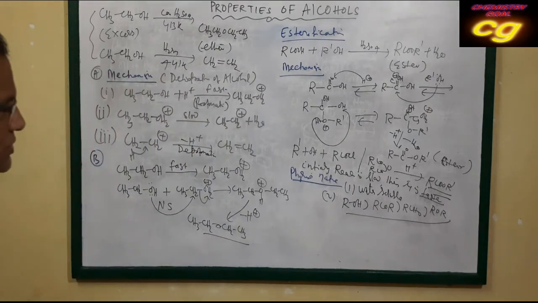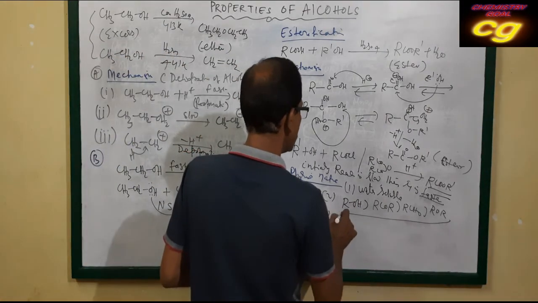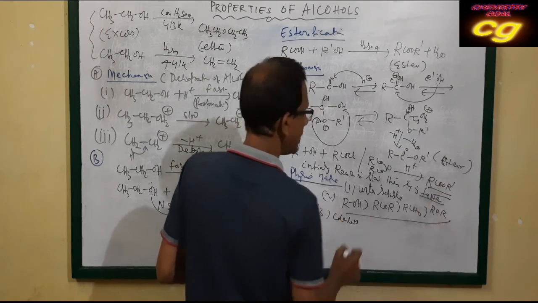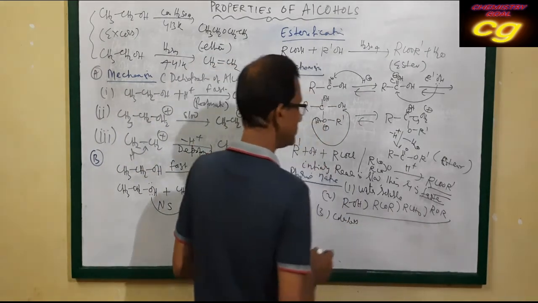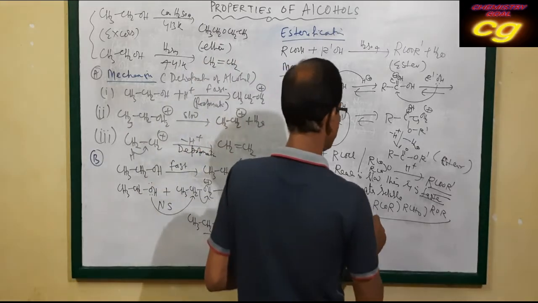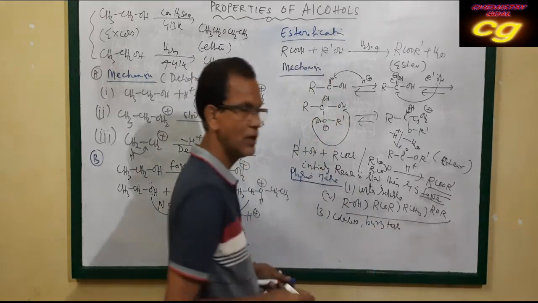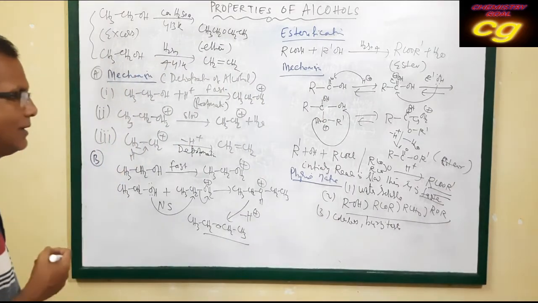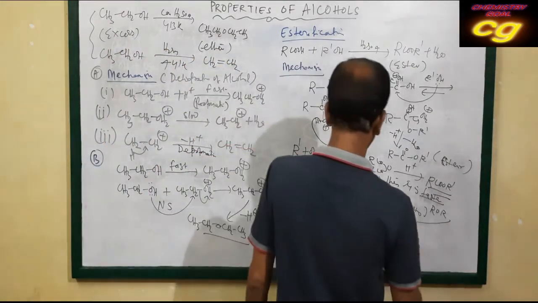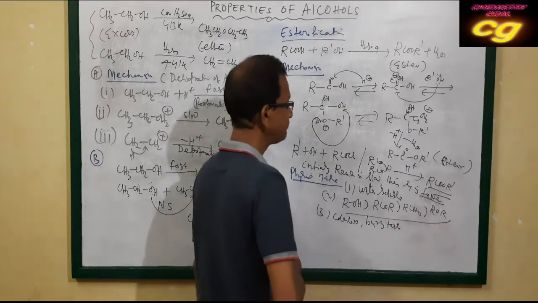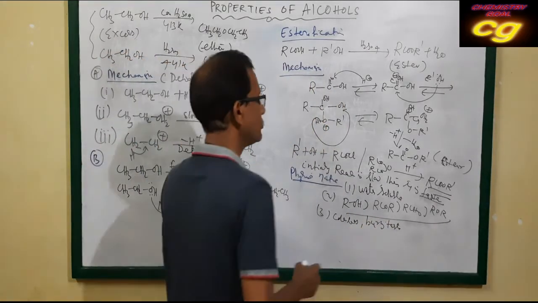And lower members of alcohol are colorless, with a burning taste, meaning your tongue will burn, irritation of the tongue. It is colorless, has a burning taste, and we can say it is neutral to litmus also.